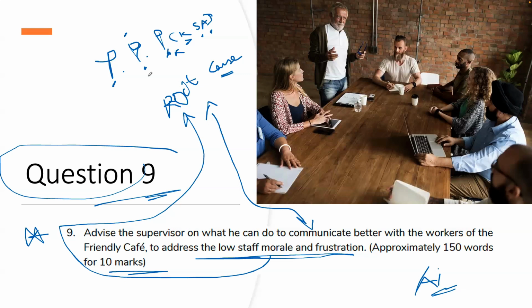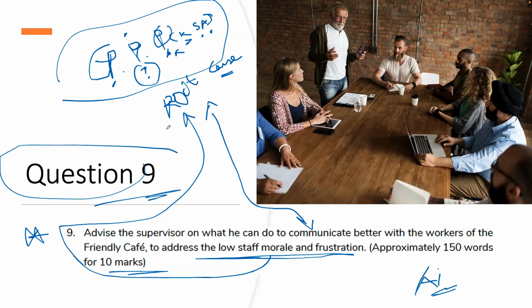But generally speaking, low staff morale is a result of the 3 Ps. Processes, people, or performance. Two of them you can address. The third one, the people aspect, is a bit more difficult to address.